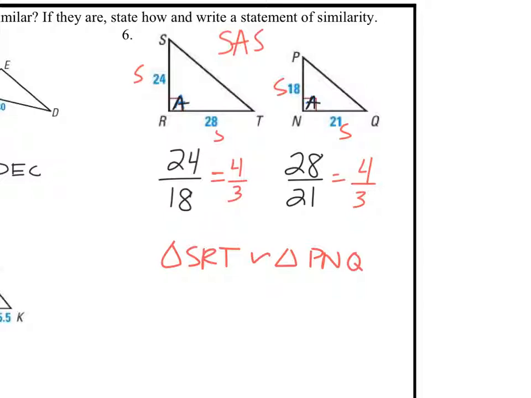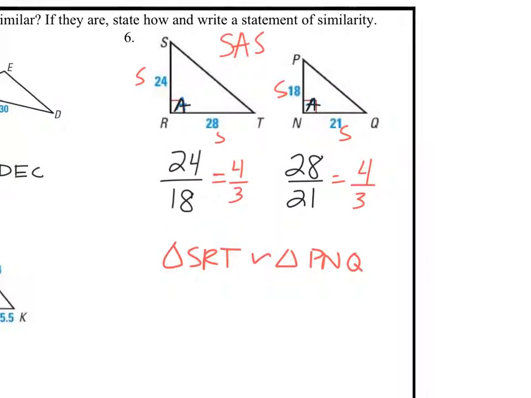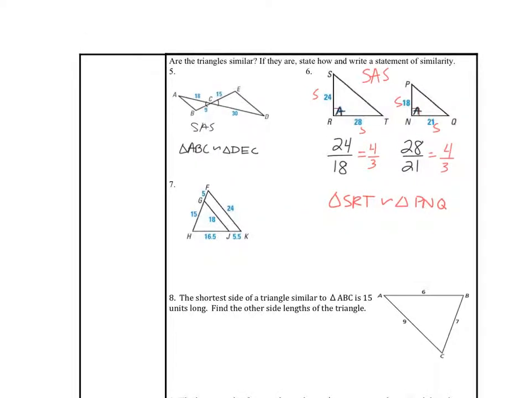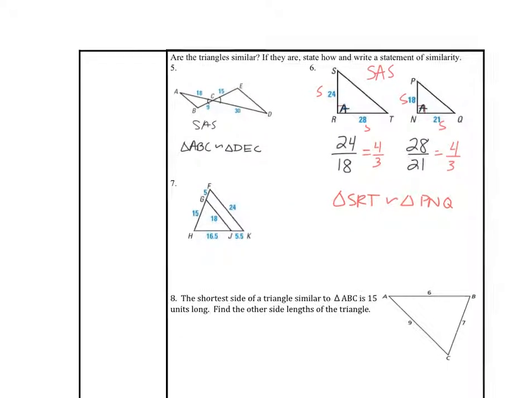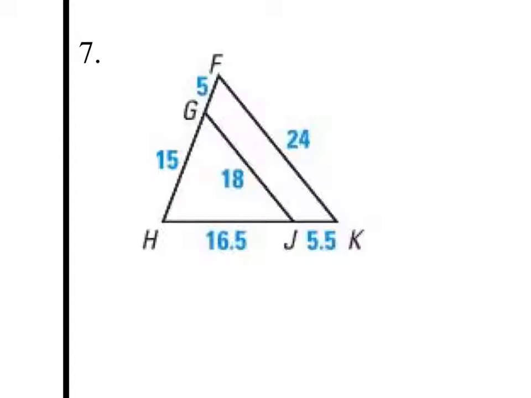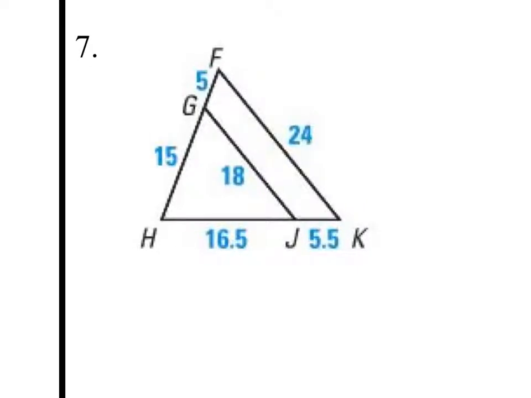Last one like this, and then we're doing some solving. Oh, this is a good problem. Do you have any angles at all? You do. Which one is it? H. H is shared. So you can use H if you'd like. Otherwise, you can go ahead and use side, side, side here. So you do have choices.